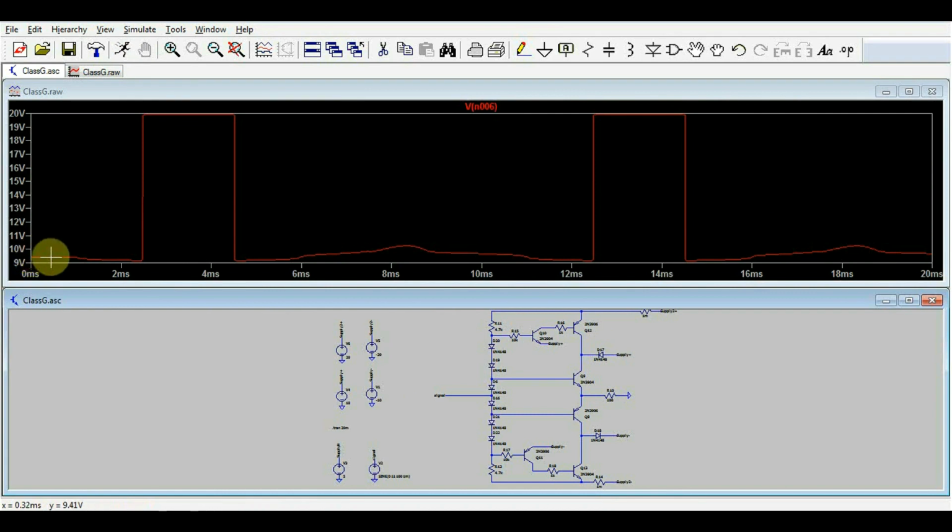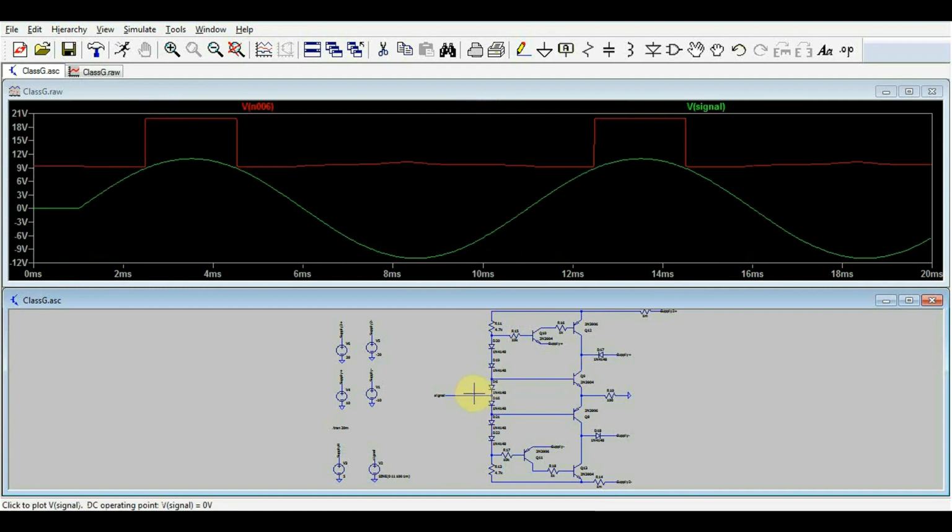It jumps from the base 9 volts at which it is supplied normally to 20 volts, so our secondary supply voltage. And we see that this happens only when our input signal exceeds a certain threshold. So when our input signal exceeds around 9 volts, then the supply switches to the second supply voltage.